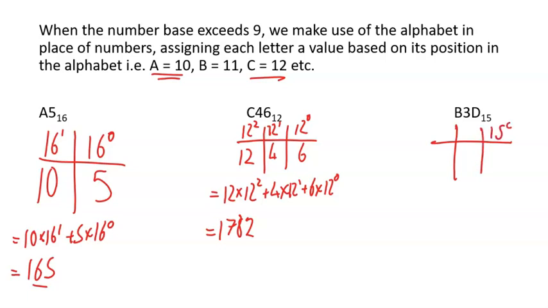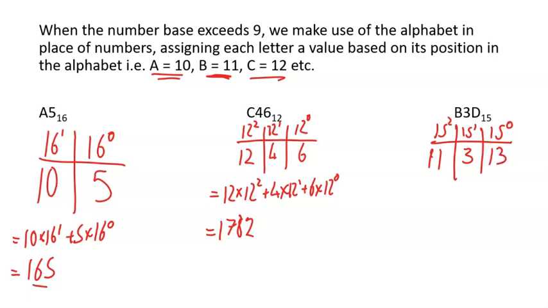Last example I've got up here for you very quickly is B3D to the base 15. Again, corresponding powers going up there. This time though, my B, my 3 and my D again represent different numbers. The 3 is fine, it goes in its column. I just need to figure out the values for the B and the D. Well, B is 11 from there, and the D is the next number in the system, which is 13.